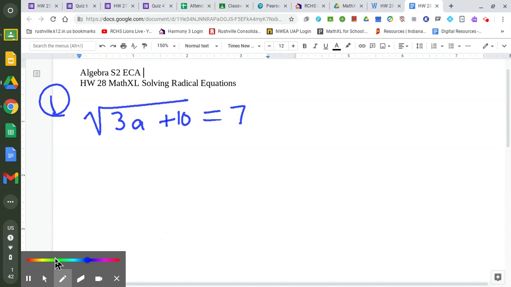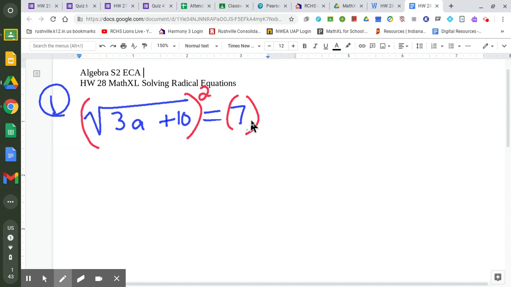So now we have to square both sides. I'm going to square this side of the equal sign, and I'm going to square this side of the equal sign.